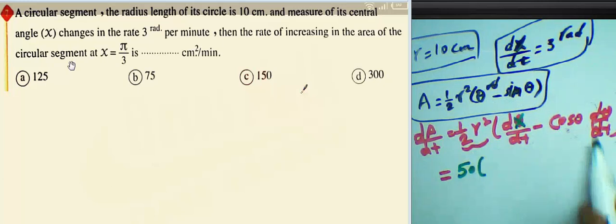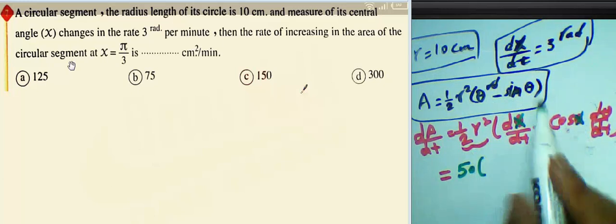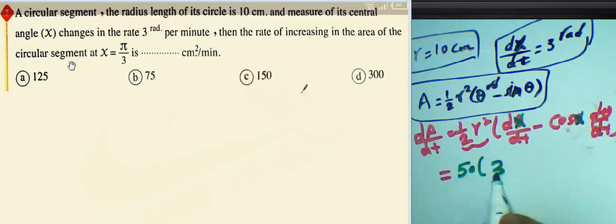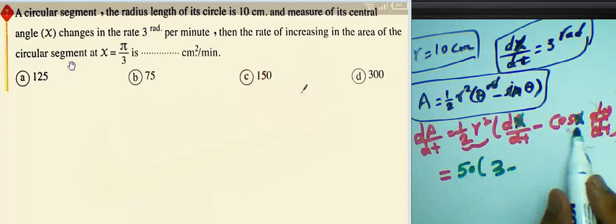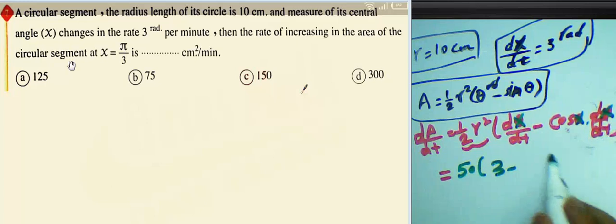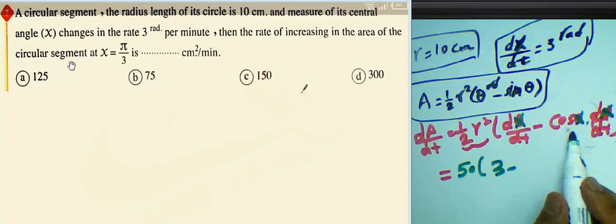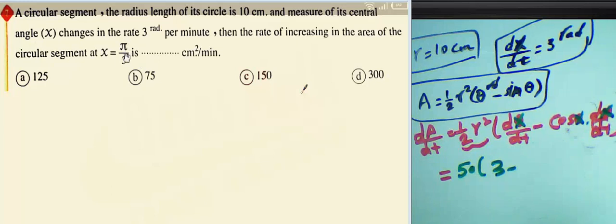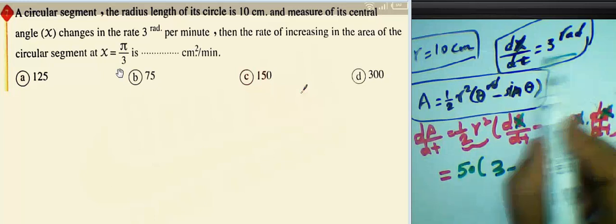d theta over dt, or dx over dt here, since the angle is x. dx over dt equal 3. Subtract cosine x multiplied by the derivative of x with respect to t. The cosine angle here, this angle was x equal pi over 3. Pi over 3 means what? 180 divided by 3 equals 60. Cosine 60 equals half, multiplied by dx by dt which gives 3 radian.